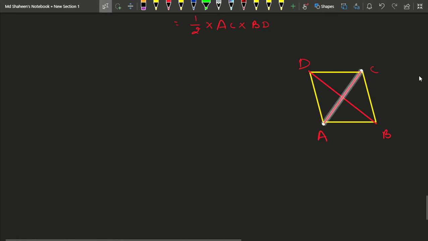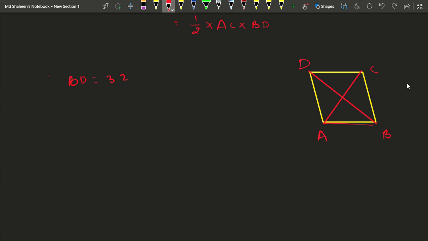We know one diagonal, BD, which is 32. And another thing given is the perimeter is 80. What is perimeter? Perimeter is the addition of all sides, AB, BC, CD, and DA, the length of its boundary.